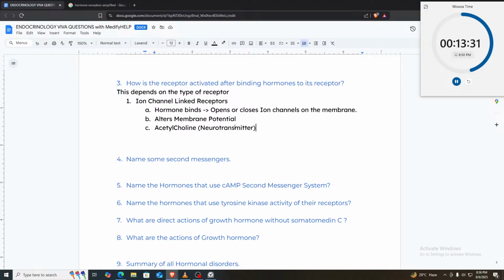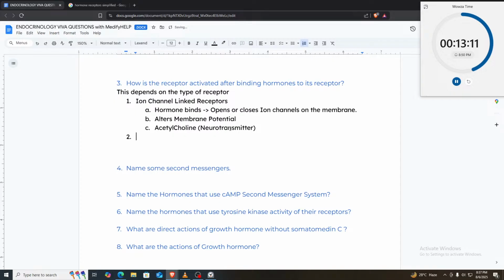On the cell membrane. Right, so okay, we're good. Let's get back to it.